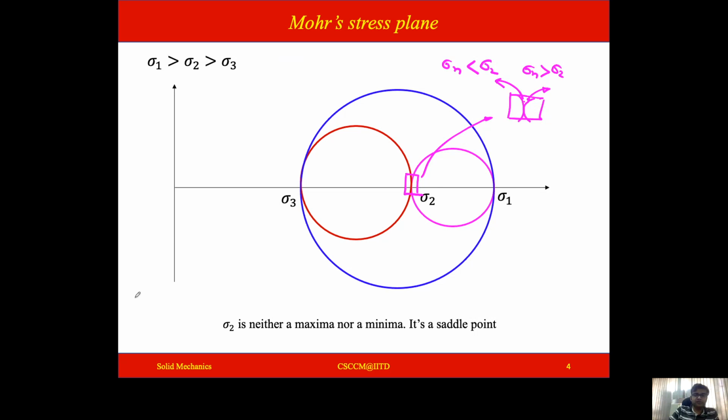So the first conclusion is about sigma 1, sigma 3 and sigma 2.